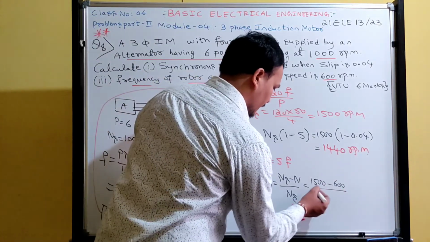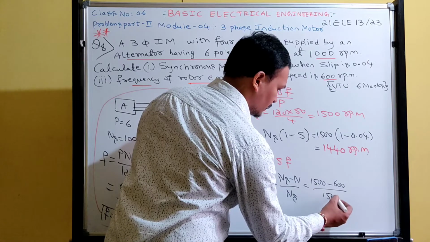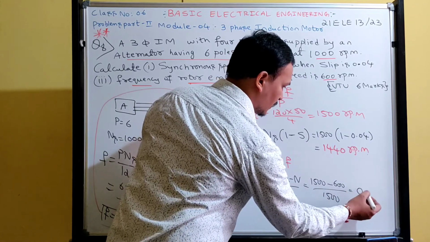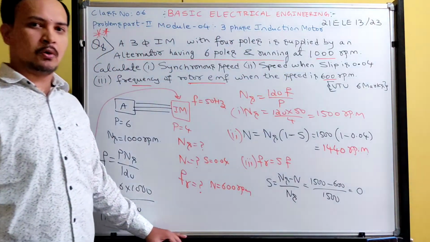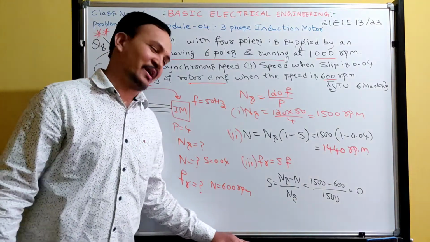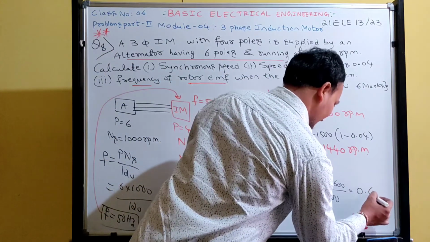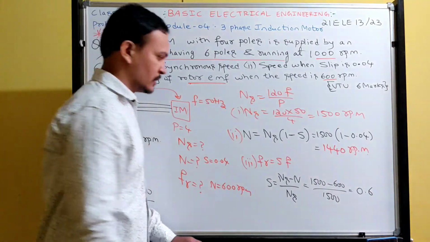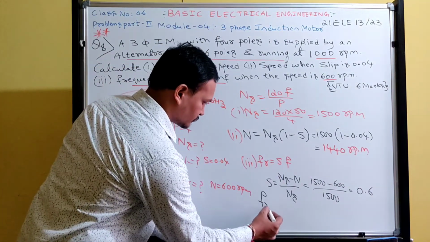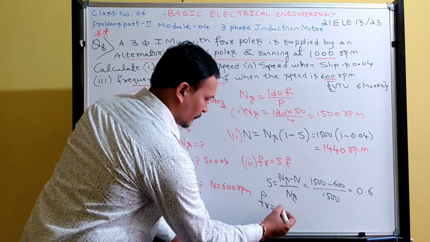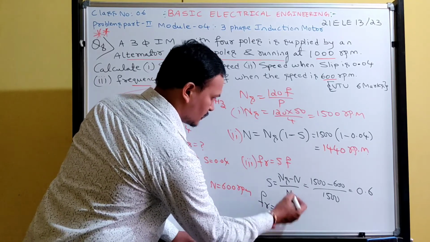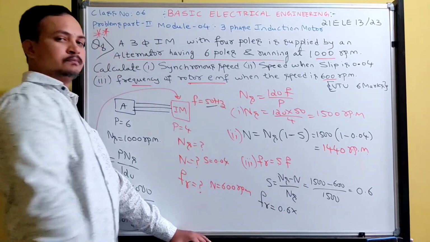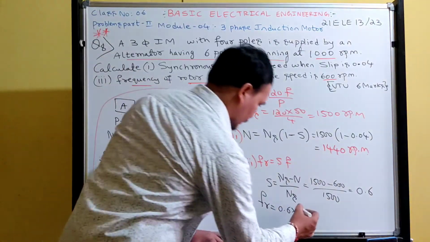So divided by Ns, which is 1500. Do it in the calculator. How much will you get? 0.6. Very good, we got a slip value of 0.6. Now calculate Fr. Slip is 0.6 into the supply frequency, 50 Hz.